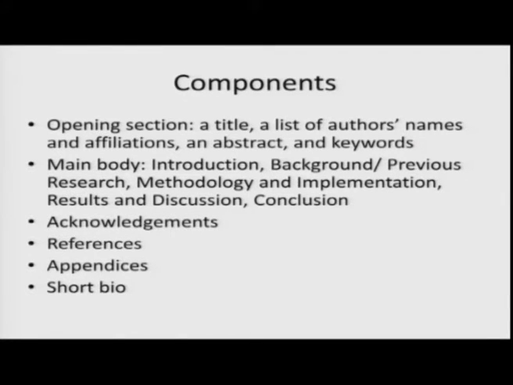Main body has introduction, background research, background information, previous research, then methodology and implementation, results and discussion, conclusion. Then you have acknowledgements, references, appendices, and short bio of the author or the authors.